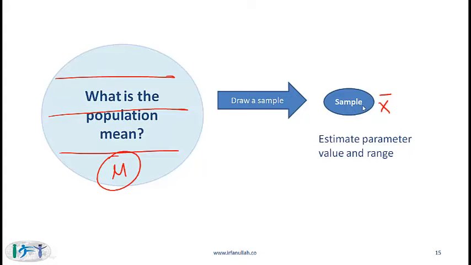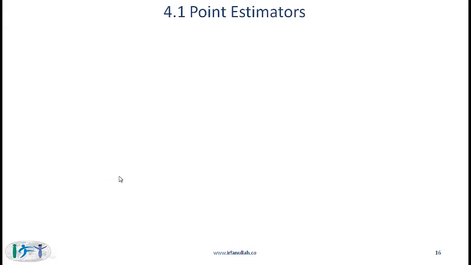Now, let us say that the x bar number that you come up with is 10%. So 10% then becomes your best estimate of the population mean. And the 10% is called a point estimate because that is the one point estimate of the population mean. The estimator is the formula or the process that you use to come up with the point estimate.